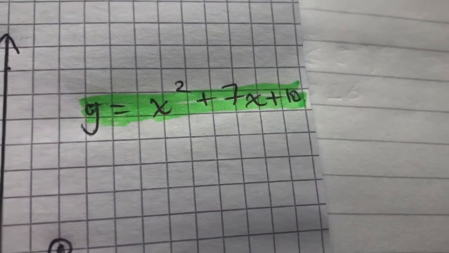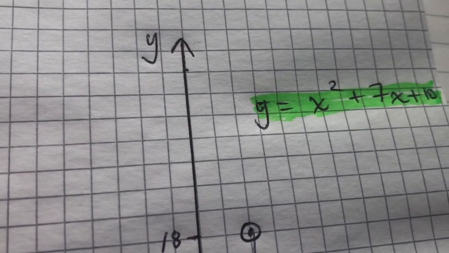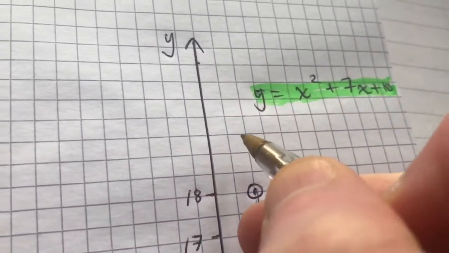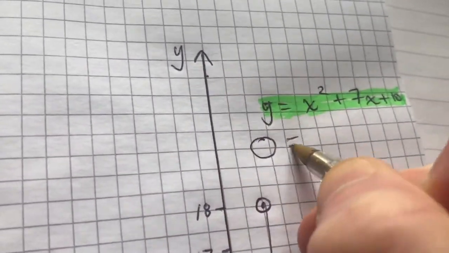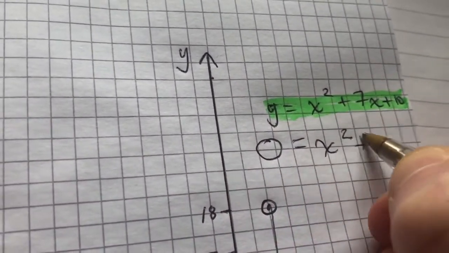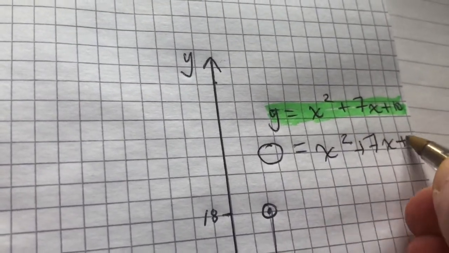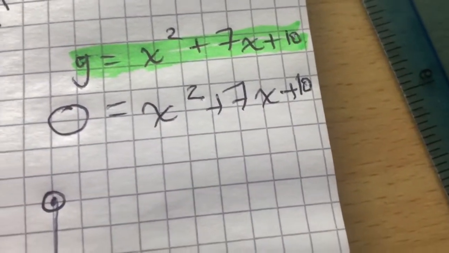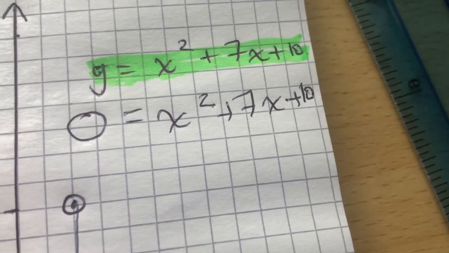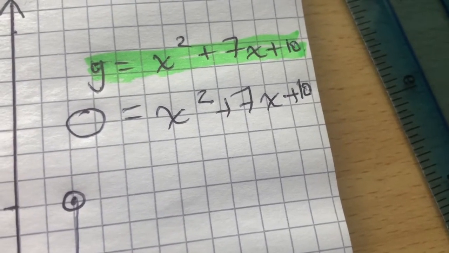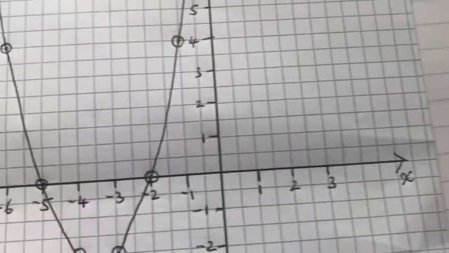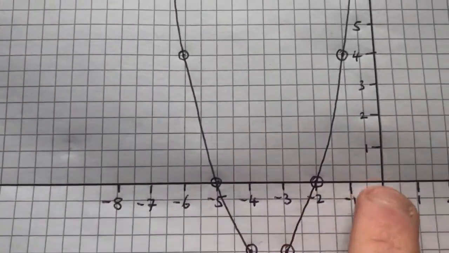But if you make it an equation to solve, if you make the y 0, then you end up with 0 equals x squared plus 7x plus 10. Now, our graph can actually help us solve that, because if you make the y 0, what you're saying is you're on the x-axis. Along the x-axis, the y-coordinate is 0.